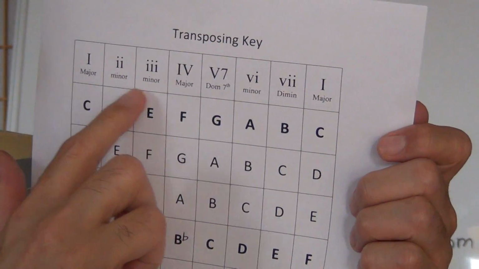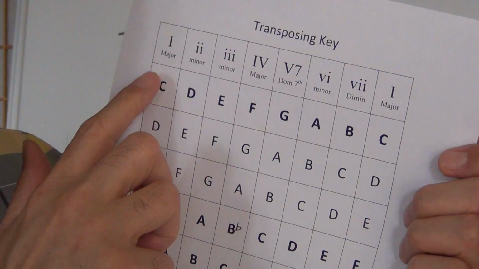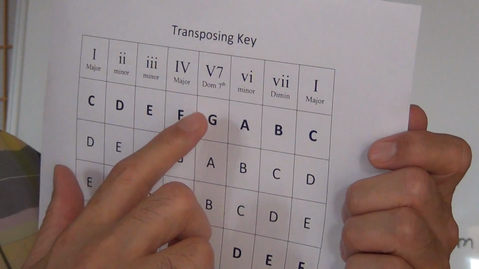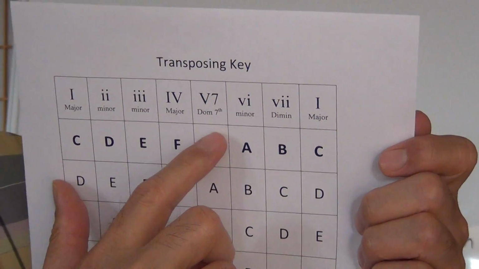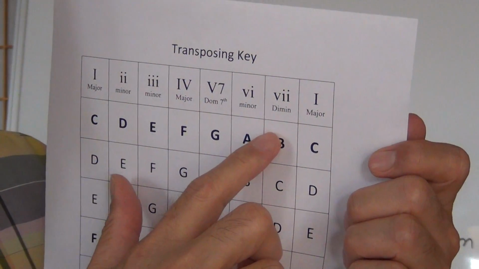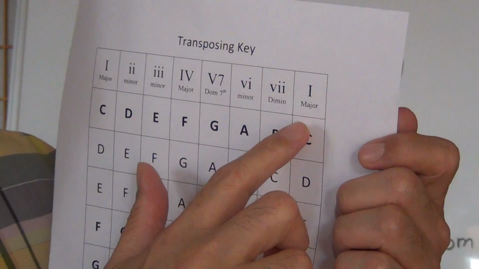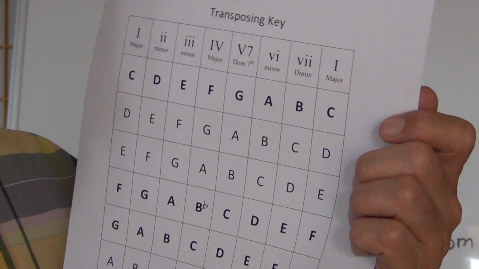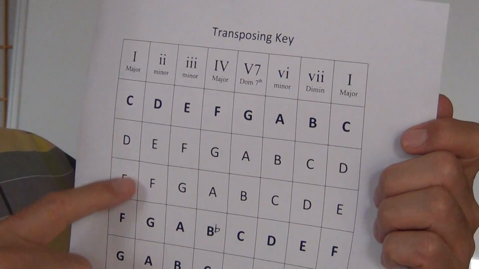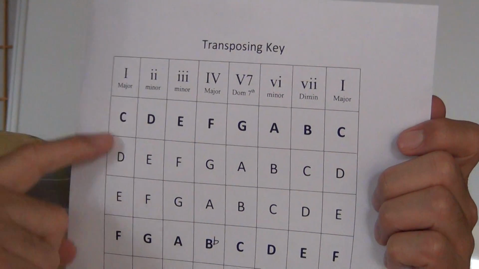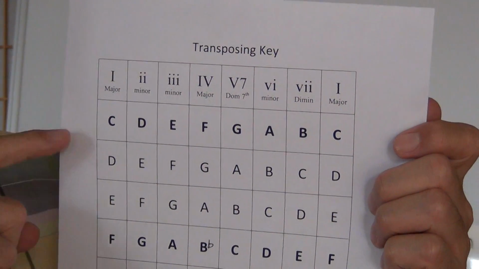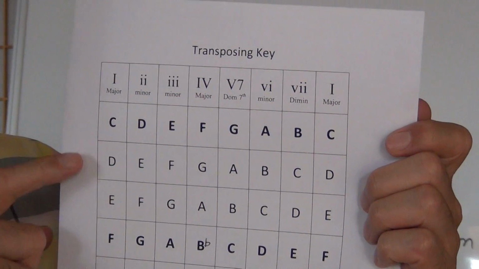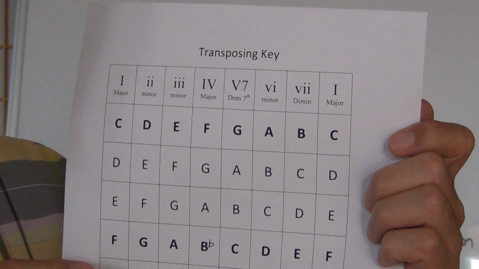And under those Roman numerals, you'll see major, minor, minor, major, dominant 7, minor, diminished, and coming back to 1, major. And all these letters on this side tell you what key it is in. So all of these are different keys. For instance, this is the key of C, key of D, key of E, key of F, G, etc.